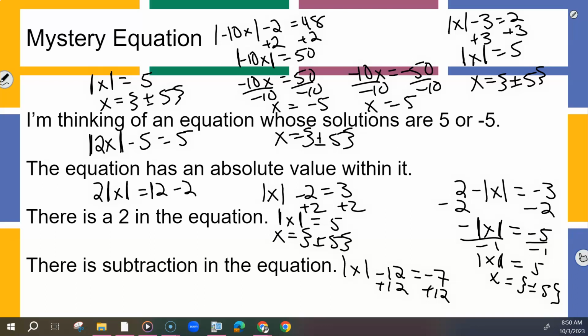This one is almost there, we just need to simplify that, but the subtraction still works. And then 5x minus 2 equals 23. So we had some more complex ones, we had some simple ones, so good job on that.